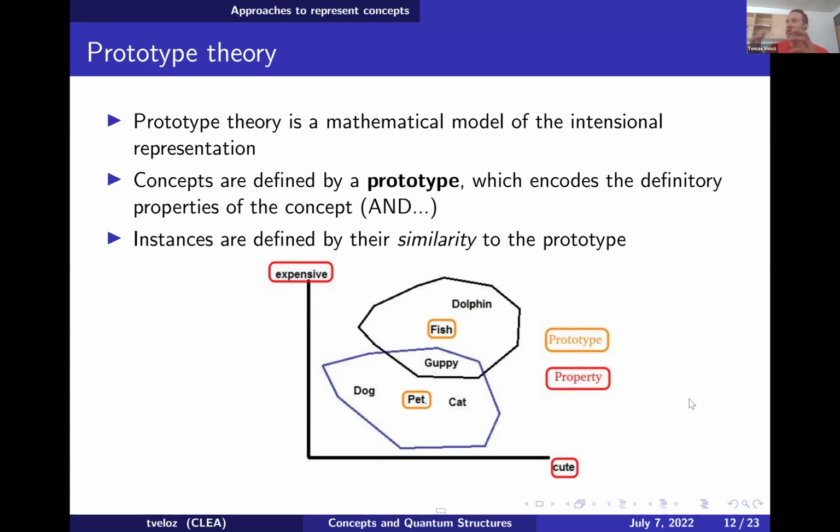Exemplar theory is a similarity within, whereas prototype theory is similarity with respect to the prototype, which might not even be a real object. And that's something very interesting about prototype theory, because when they do models, typically the prototype doesn't exist, but it's that ideal thing that we conceive to be the concept. So in that sense, I think prototype theory is more profound than exemplar theory. Exemplar theory is more, let's say, empirical.